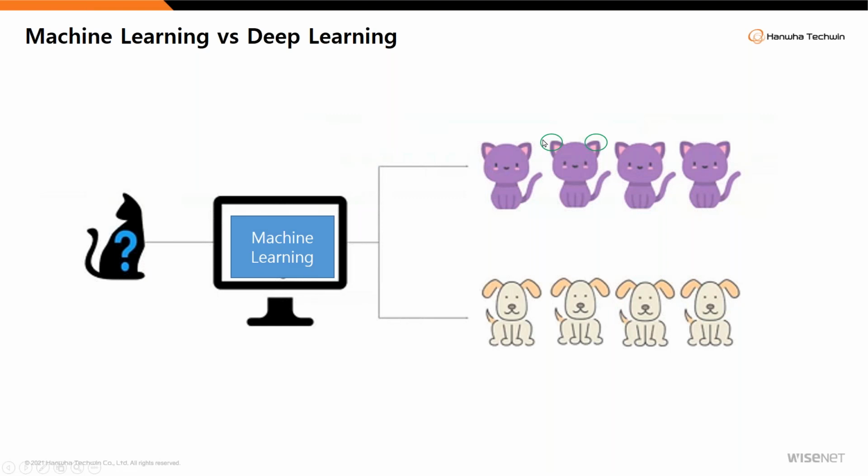Machine learning. Now let's say I want to program or train the camera. Just focus on this point. It's a very important point. Let's say I want to train the camera to differentiate between a cat and a dog.